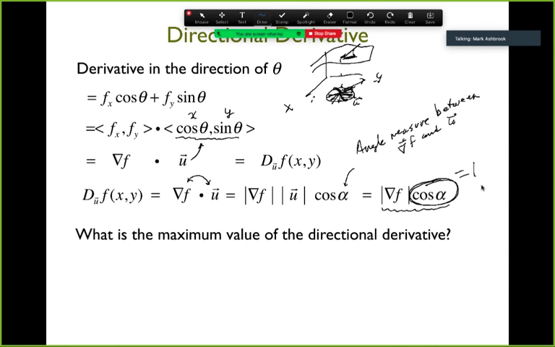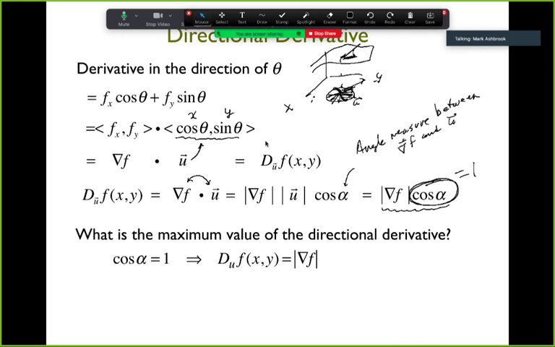When we can get cosine alpha equal to 1, we get the biggest directional derivative, and that's going to be the magnitude of the gradient, the maximum value of the directional derivative.